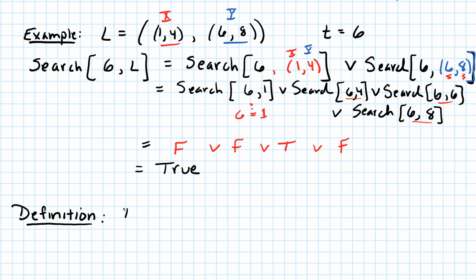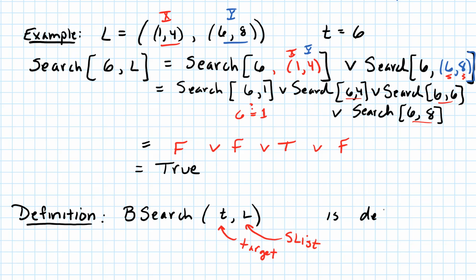So B search of T and L, and again I'm going to say T is a target and L is an S list. B search of T, L is defined as follows.